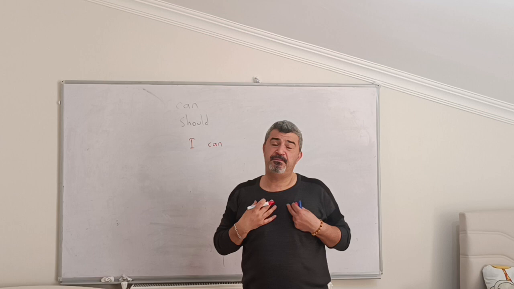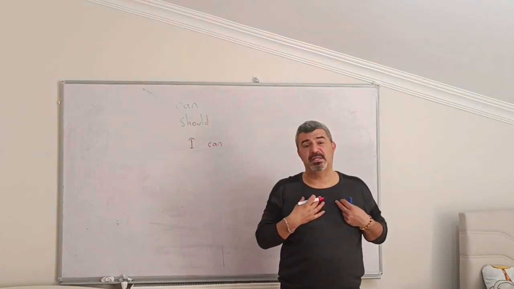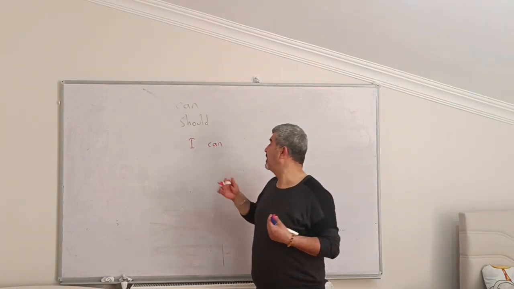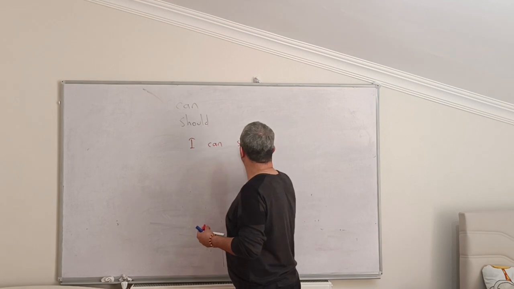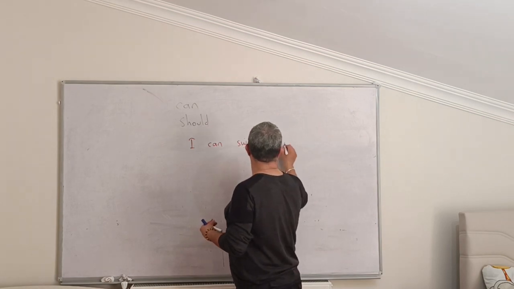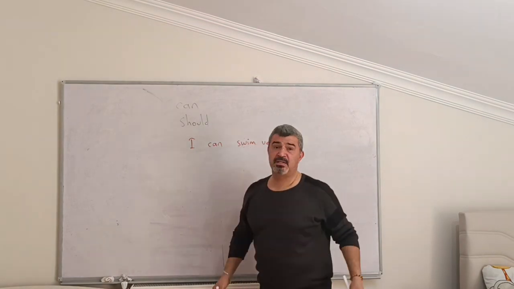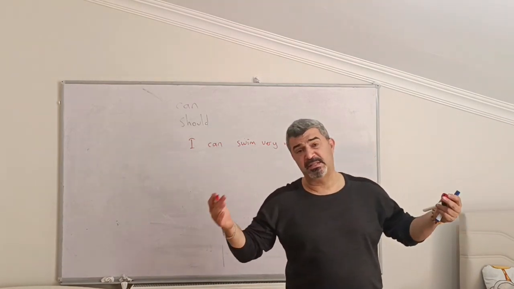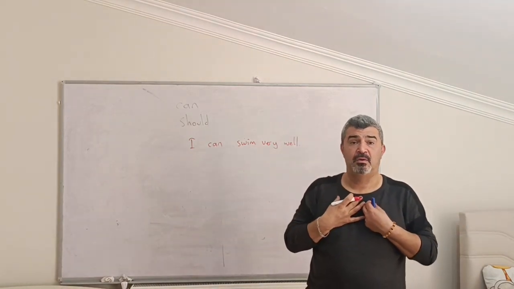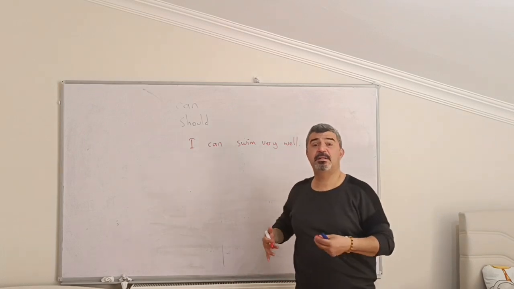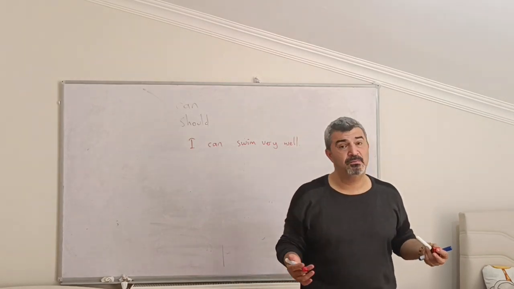If we want to talk about someone's ability, we use can. I can swim very well. It means that I have ability. I can swim in the sea, I can swim in the river very well.